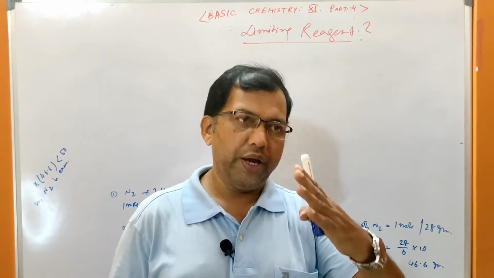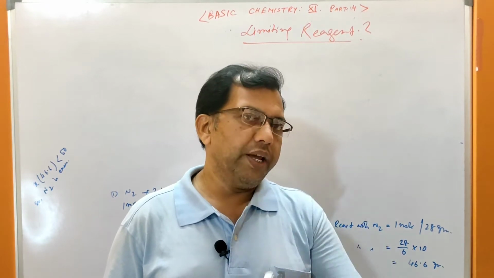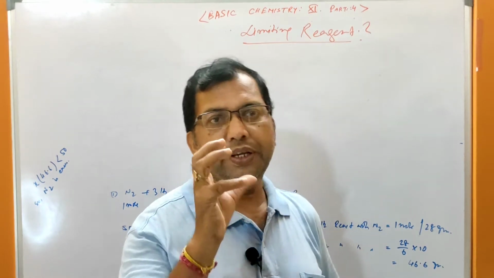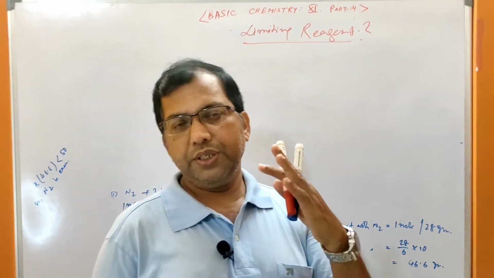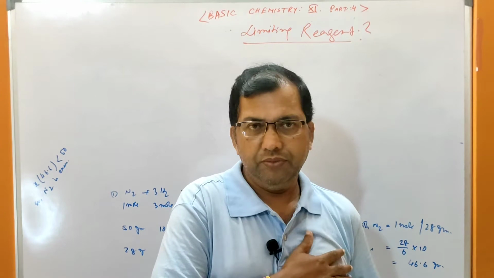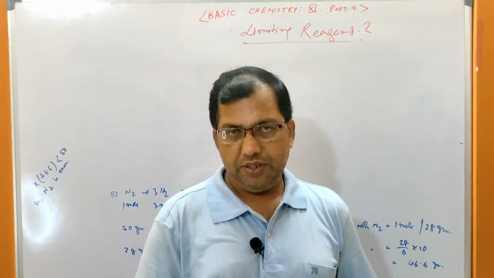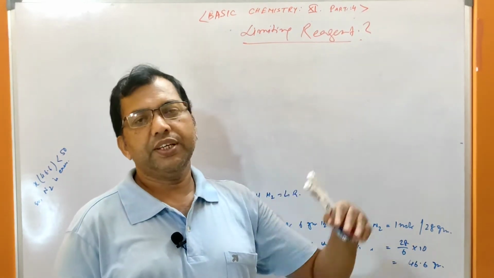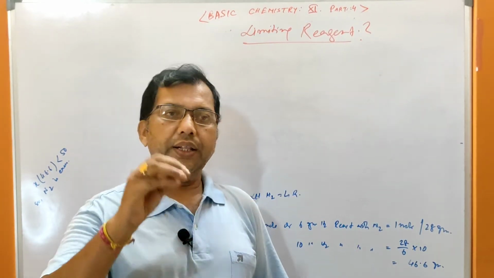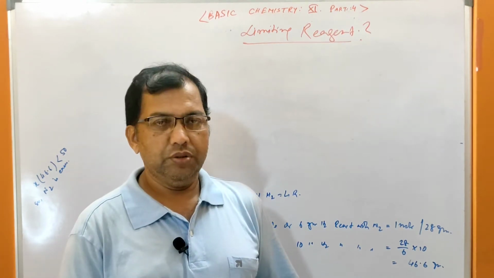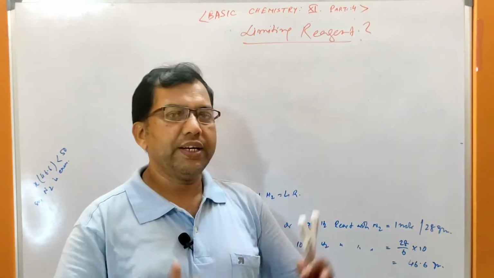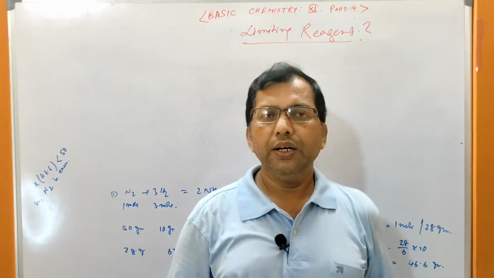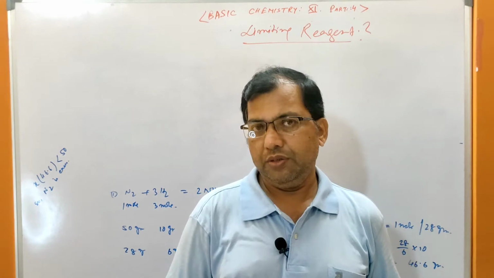Among the reactants, what is the limiting reactant? In order to complete a chemical reaction, one of the reactants is taken in excess and the other is in less amount. Between these two reactants, the one which is less in amount is known as the limiting reagent.